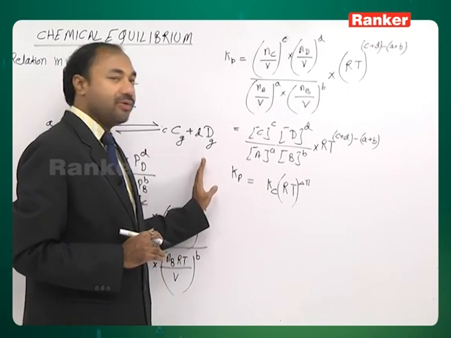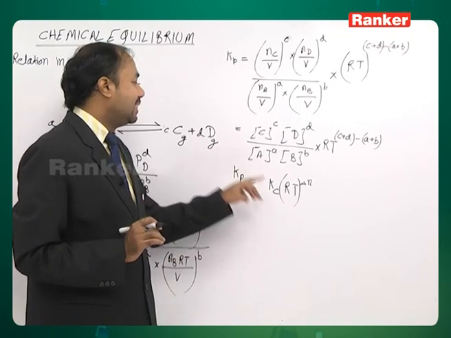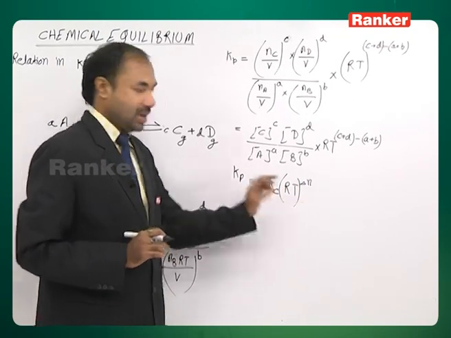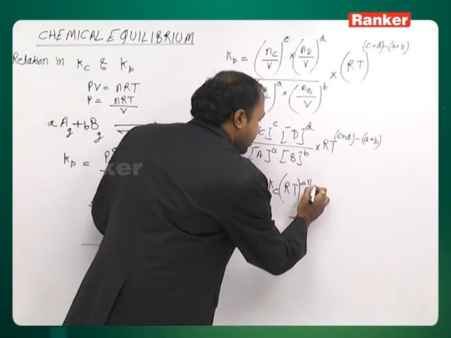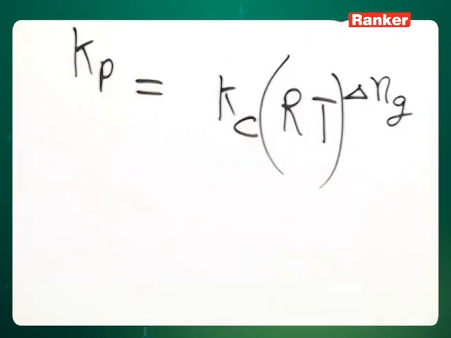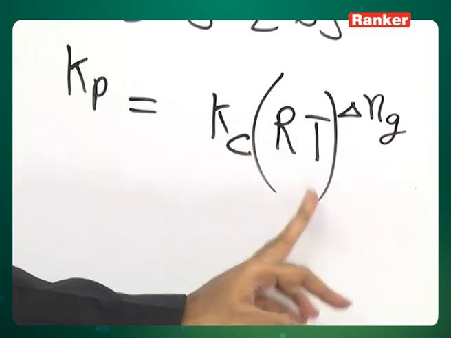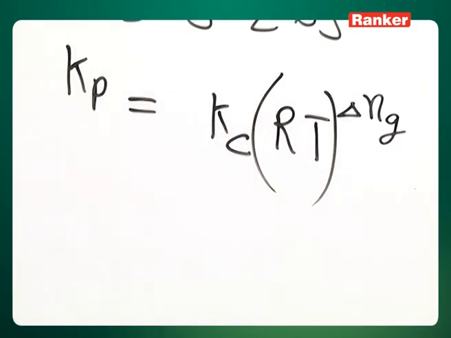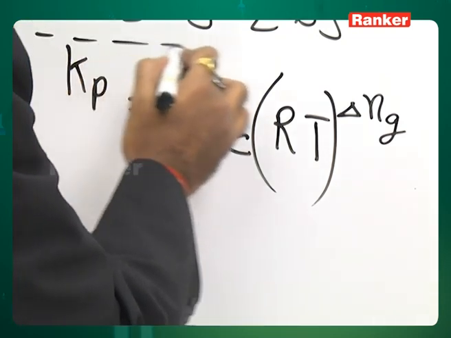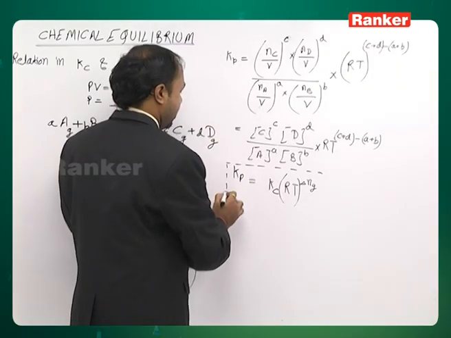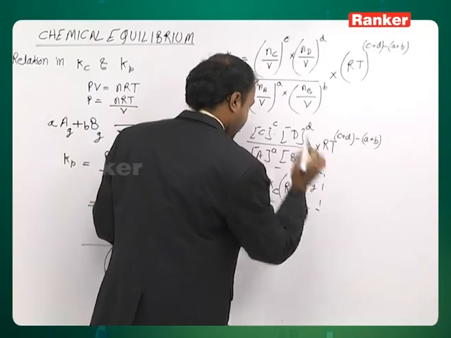If any liquid or solid term is there, that must not be counted here. So we get it as delta n gaseous. Means we get the relation as Kp equal to Kc into RT power delta n gaseous. One of the important relations of equilibrium. Very important relation.